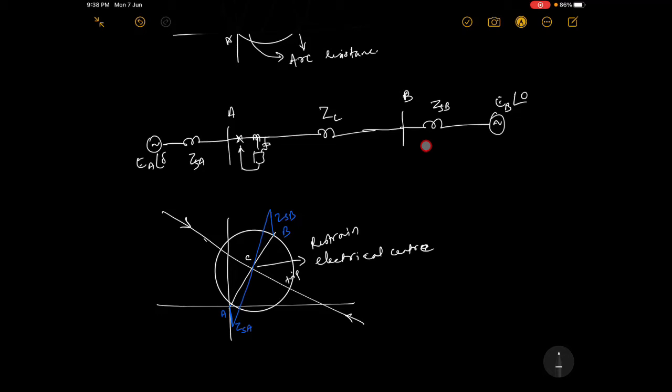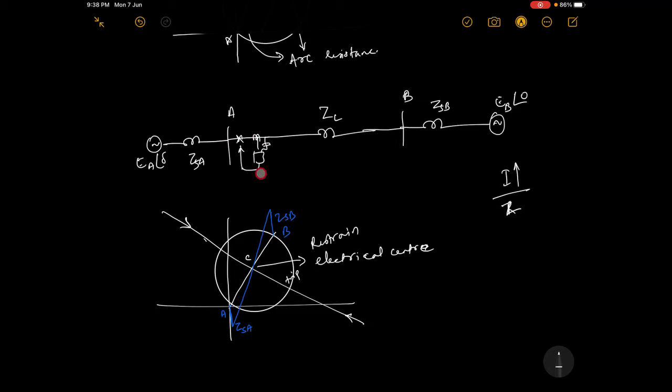Power swing is nothing but high current. When high loads are suddenly removed, generation is more and load is less, so current will be high.